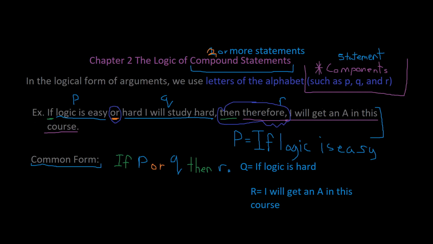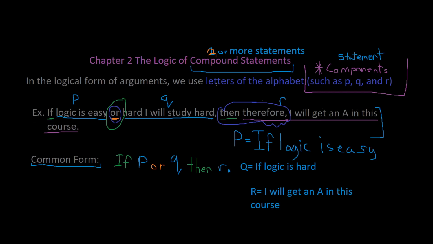But let's say I want to add another component into my compound statement. So I say, then therefore I will get an A in this course. The class would be a sufficient word too, but in this case you're using course. And so now I use these words to bring my sentences together to make compound statements.